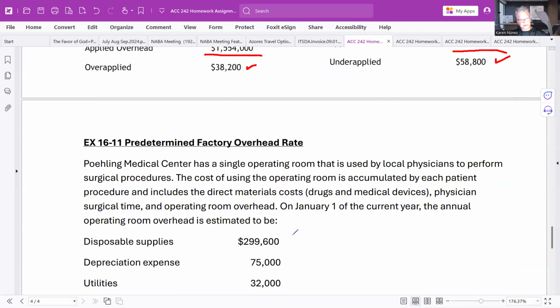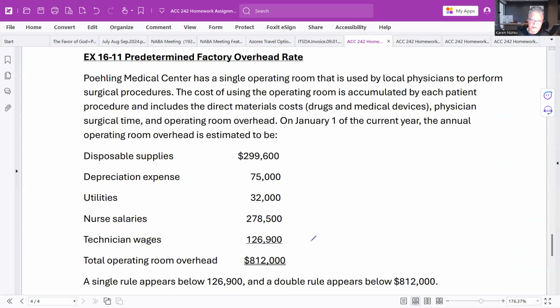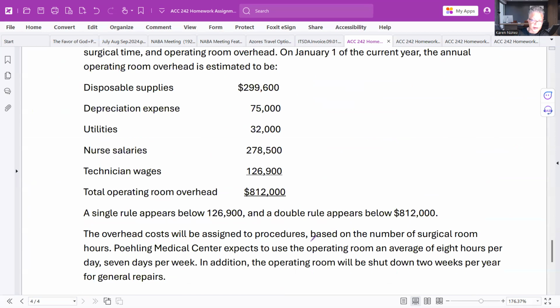Next, I think this might be the last one that I assigned in this chapter. Yes, it is. So now in 1611, we have a more practical example. This is not a manufacturing-based operation, but instead it's a hospital, and we have an operating room.